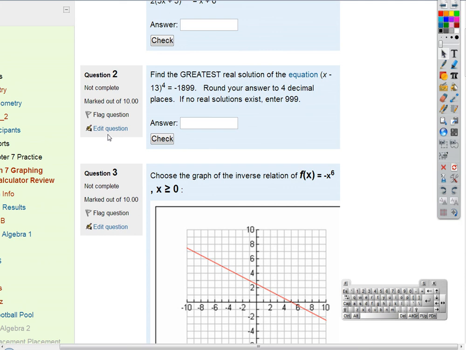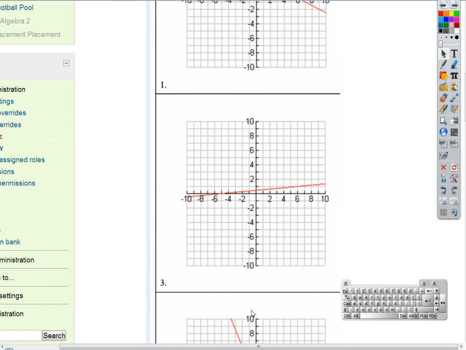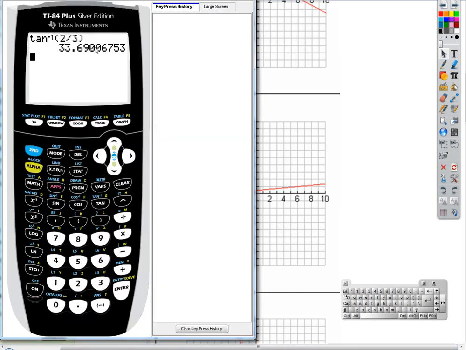Okay, so we've got the graph. Here's the graph: negative x to the sixth, where x is greater than or equal to 0. Let me show you how you can do this on a calculator.